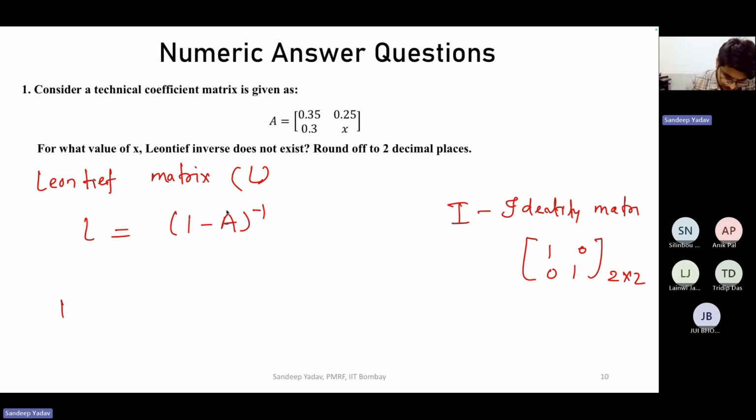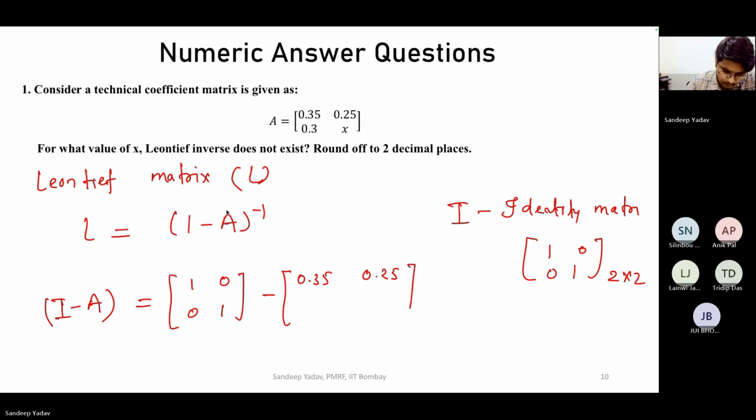So we can write I minus A is equal to [1 0; 0 1] minus A, where A is given as [0.35 0.25; 0.3 x].